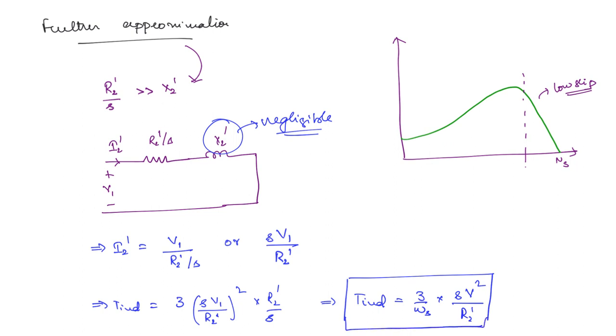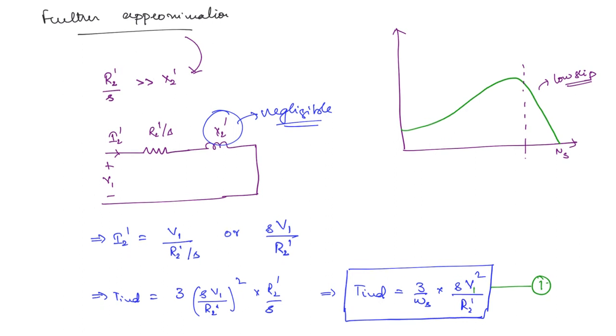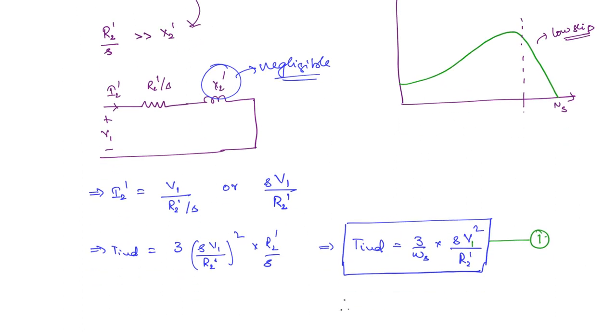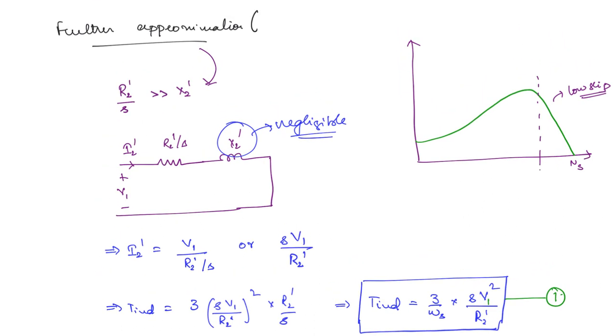It will give you a very easy relationship of the induced torque in terms of the supply voltage. Okay. You can see that the induced torque is proportional to the square of the supply voltage. You can write this point down, it is very important: T induced is approximately proportional to the square of the supply voltage. Okay. So, this is the approximation of low slip operation.